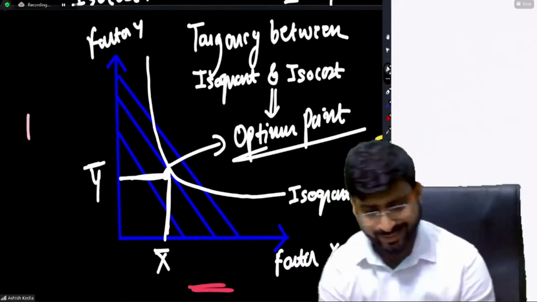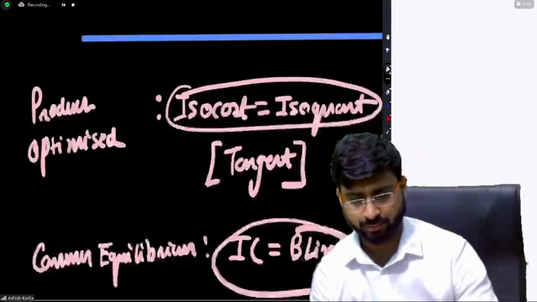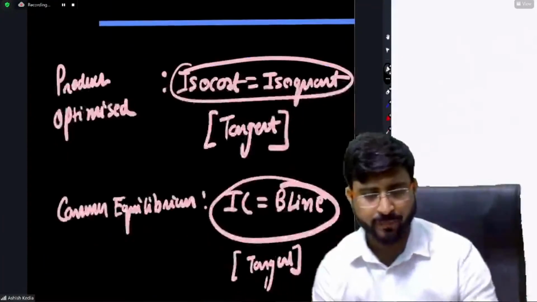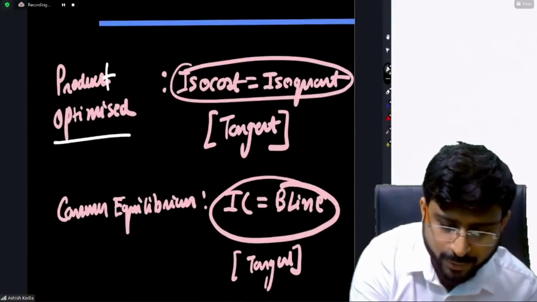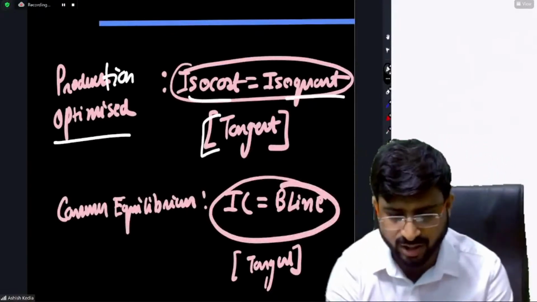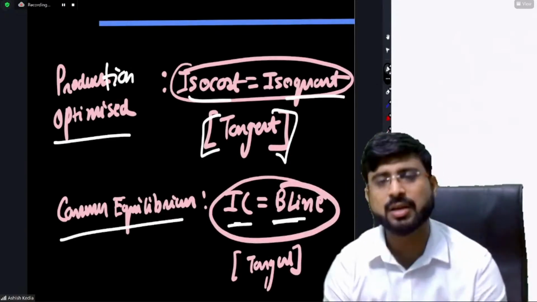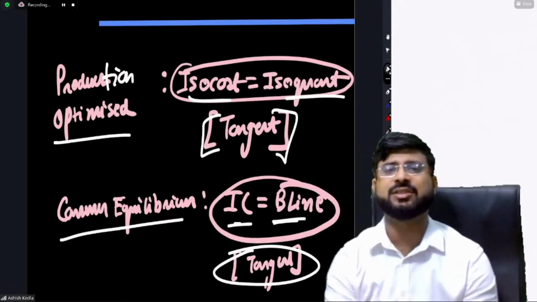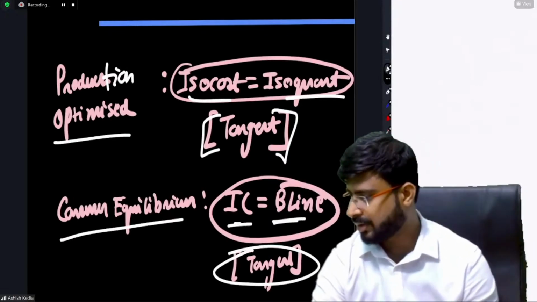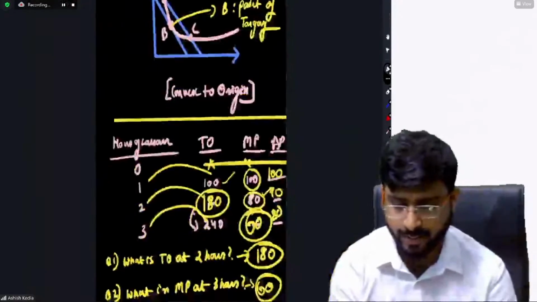Everyone understood? Yes, sir, we understood. So production is optimized when isoquant becomes tangent to isocost. And a consumer is in equilibrium when the indifference curve meets the budget line. Again, the point of tangency. Friends, is it crystal clear so far?